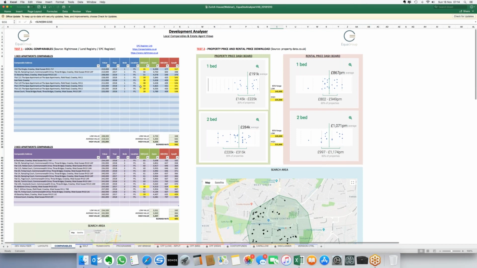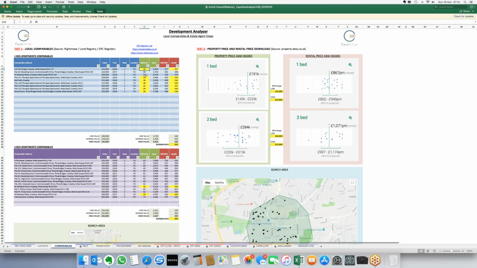So what we're going to try and achieve now is we're looking for the size of each of these sold comparables. Now, where we go to find this information is the EPC register. This is a national register. There's a legal requirement for a valid EPC, which is an Energy Performance Certificate, to be provided as part of any sale. Okay, so all these sold comparables will have an EPC.